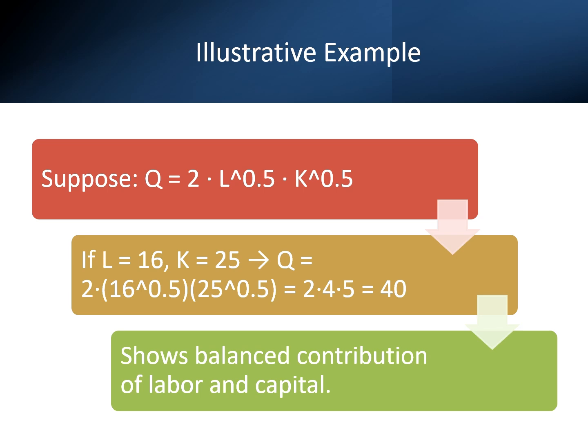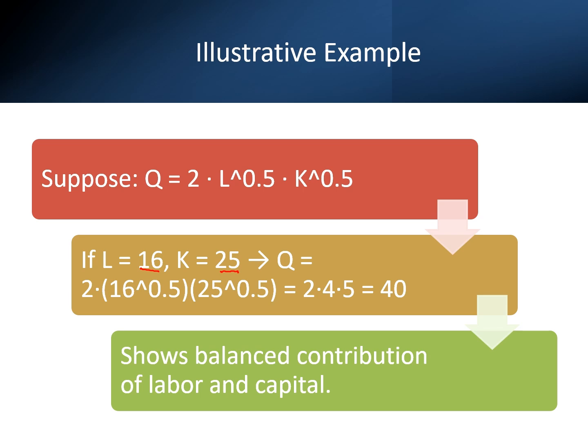So here's a basic example. Suppose Q, or the quantity, equals 2 times L raised to the 0.5 times capital raised to 0.5. So if L, or labor, is 16, so we have 16 employees, and we have 25 machines, then we simply plug in those values.